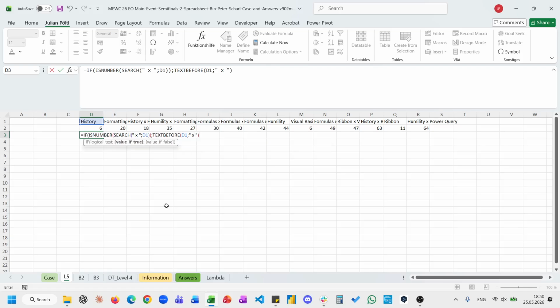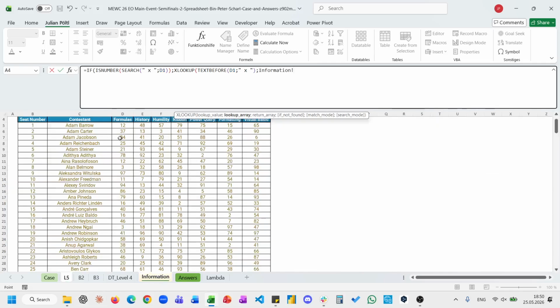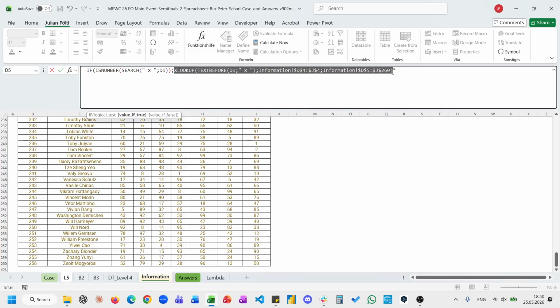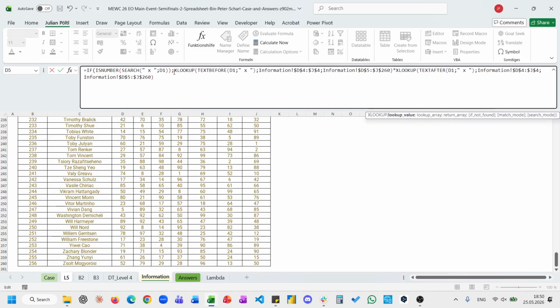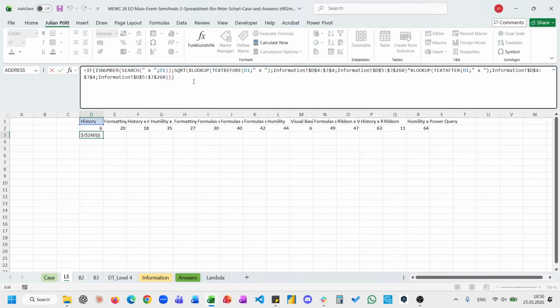And XLOOKUP, lookup in here, returning the numbers below, multiplied with the same but with text after, and then a square root. False. Yes.